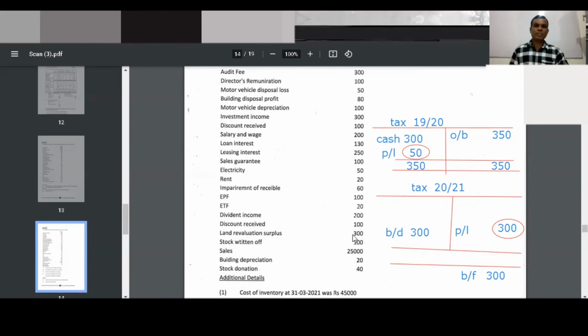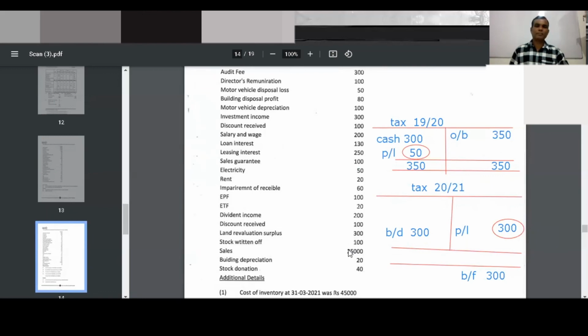Land revaluation surplus, other comprehensive income category. Stock written off, other expense and profit before tax.